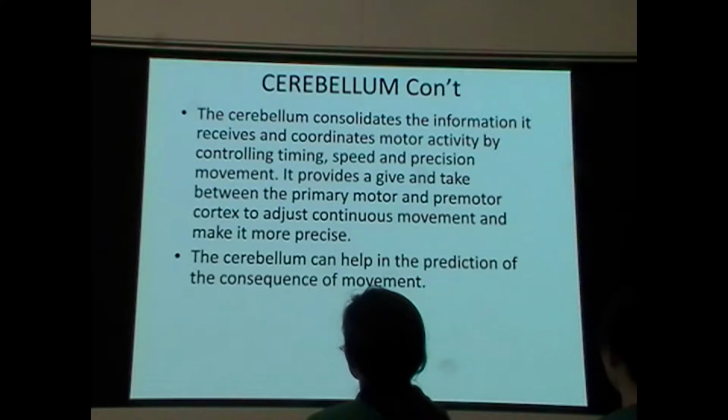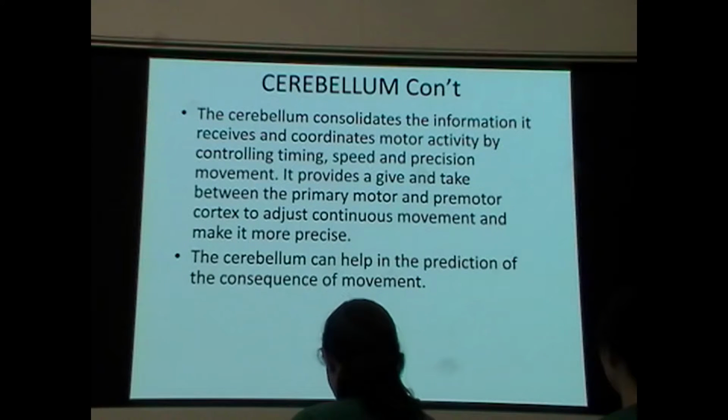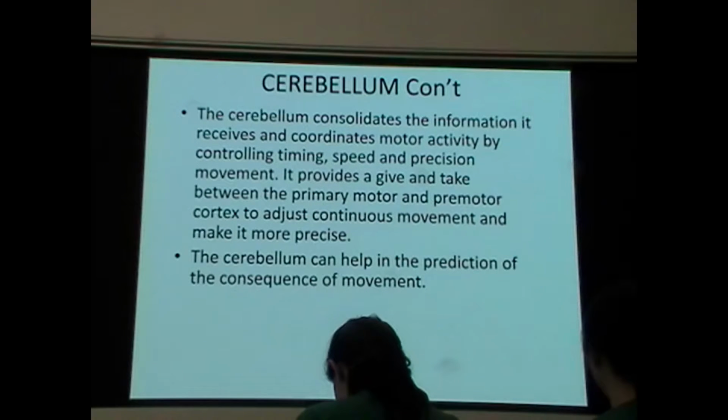Some of them are behavioral or habitual, and may have been passed on to you by a phylogenetic type of relationship from your ancestors. It's locked in there, and it keeps getting passed down from generation to generation. So the cerebellum can help in the prediction of the consequences of this movement.